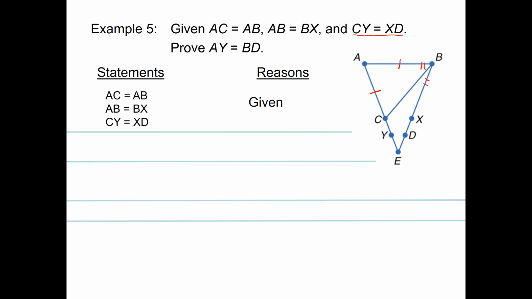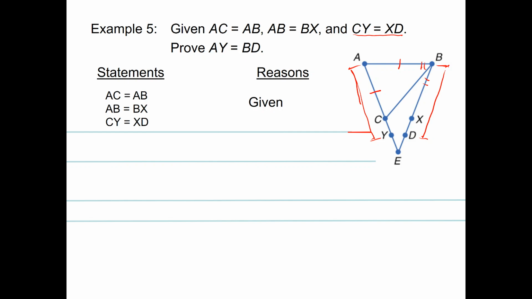Now, again, I've got to use my substitution or my transitive property to get all the way from AC and AB to BX. What I'm trying to show here is that AY, which is this distance, is congruent to BD, which is that distance. And so I'm probably going to use my segment addition postulate on this, but before I can do my segment addition postulate, I need to know that AC and BX are equal to each other.